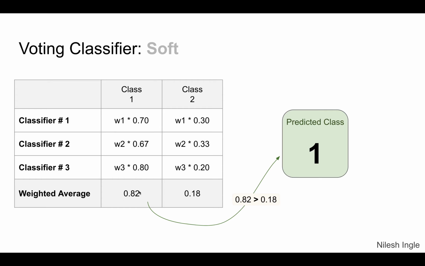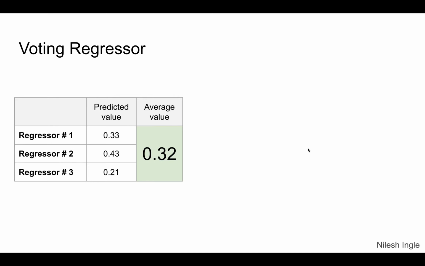And whichever total is higher, we can assign that particular data point to that class. So here class 1 has higher total, and so we assign the data point to class 1. And in case of regressor, if we have three regressors, then the average value would simply be the average of the three predicted outputs.